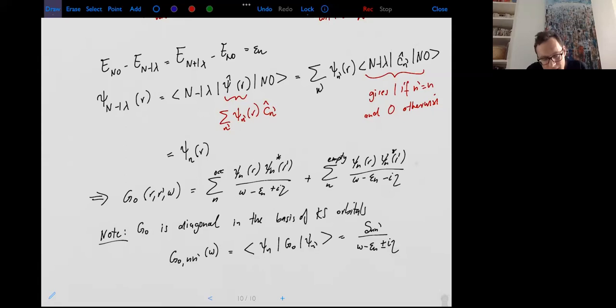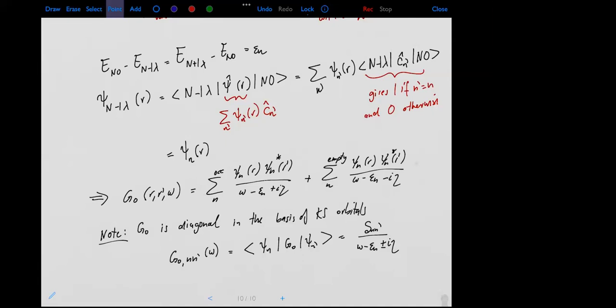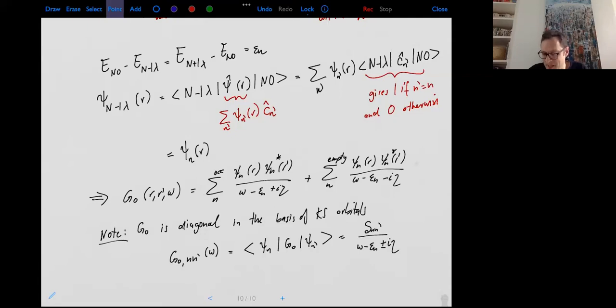That is one of the reasons why these empty state summations are quite annoying in practical GW calculations. Sometimes it's okay to use a few hundred empty states. Sometimes you need a few thousand empty states to converge.